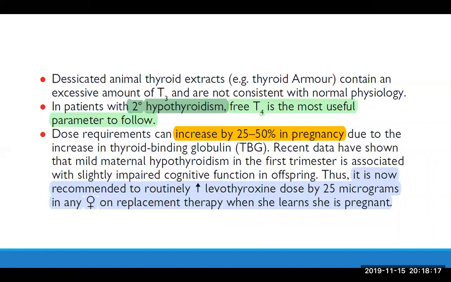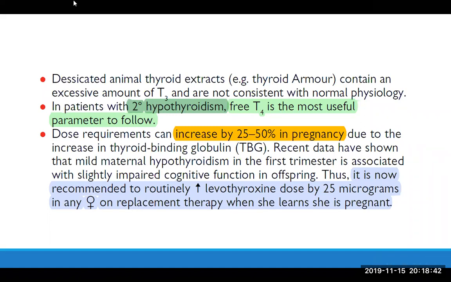How to deal with it? They gave us four or 5 options. One of them was to leave the dose as it is, another to increase the dose to 125, and another to increase the dose to 150 micrograms.